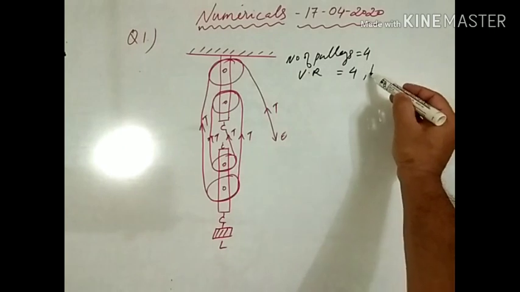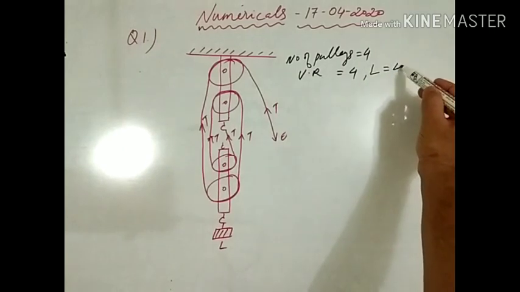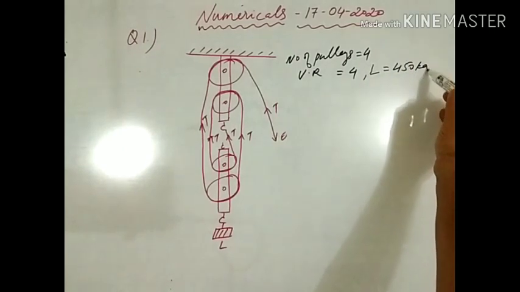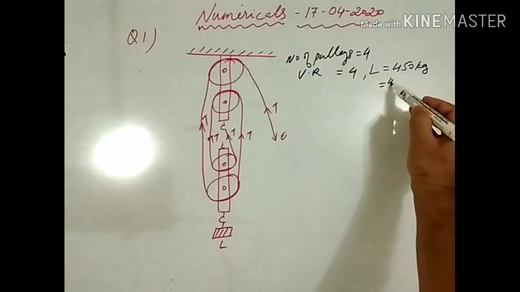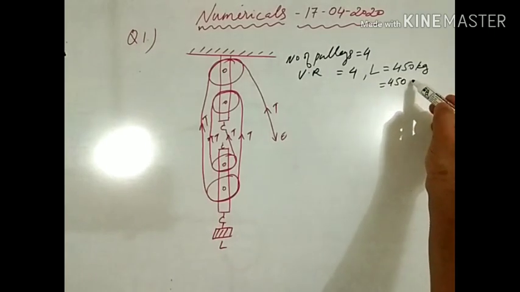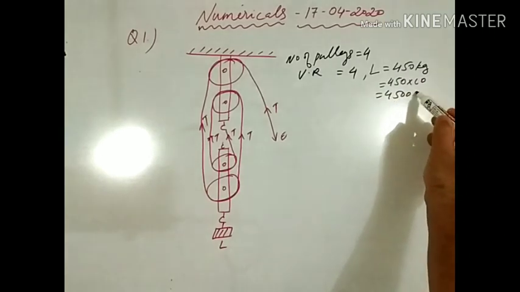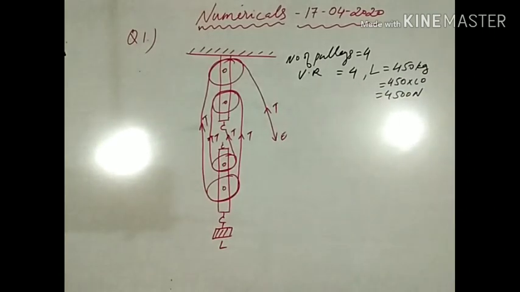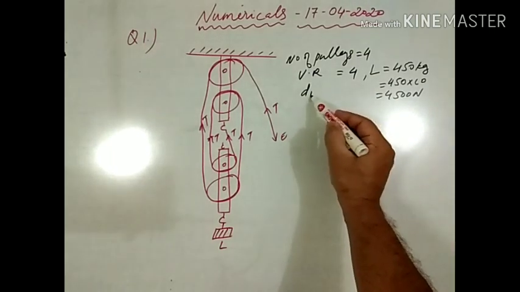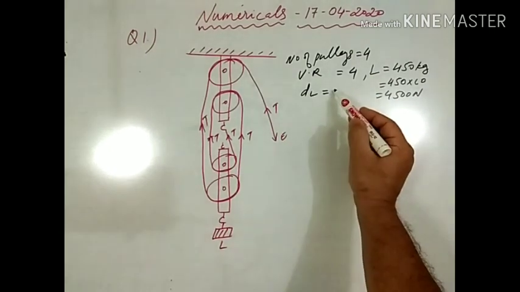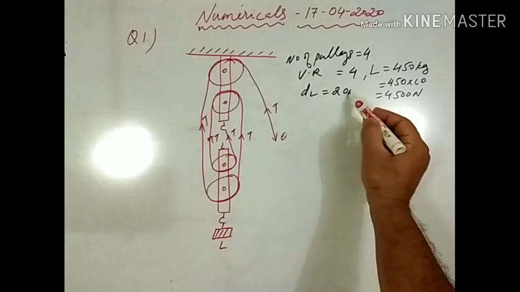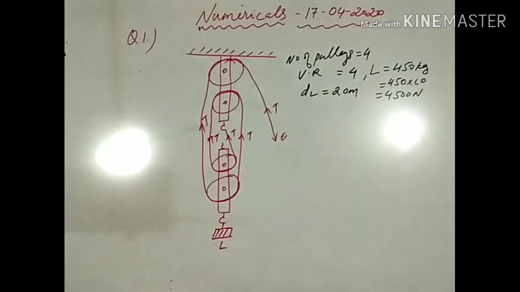The value of load is given, that is 450 kilogram, that is equal to 450 into 10, 4500 Newton. Distance travelled by the load, dL is equal to 20 meter. That is the distance travelled by the load in the vertical direction.